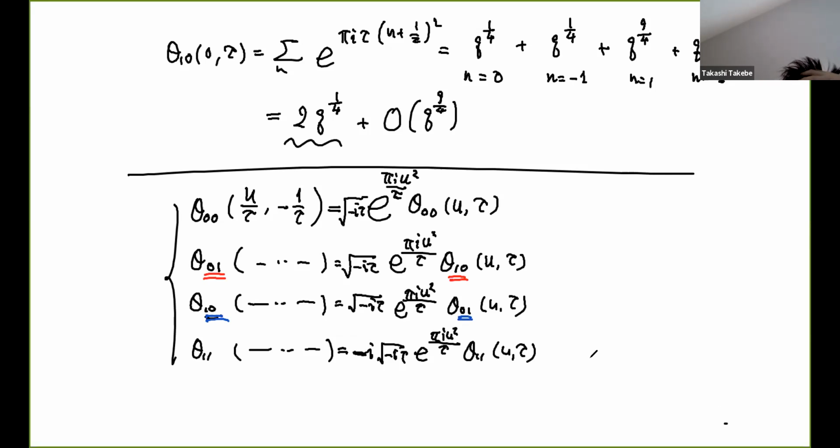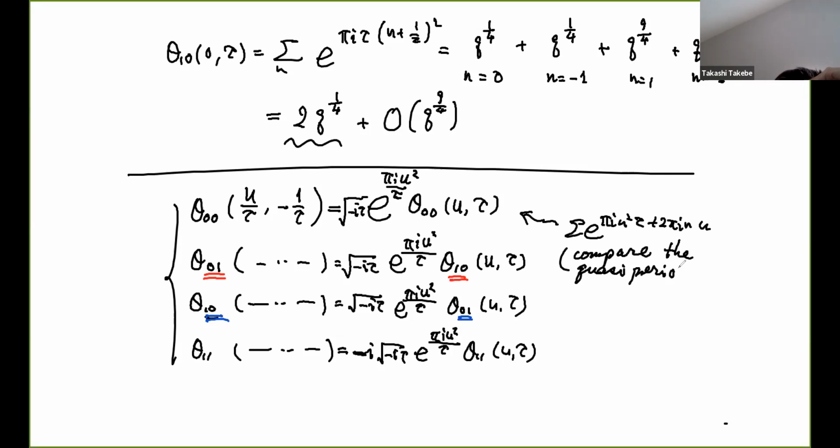So, well, we can prove such properties by starting from the definition and comparing periodicity and location of zeros.